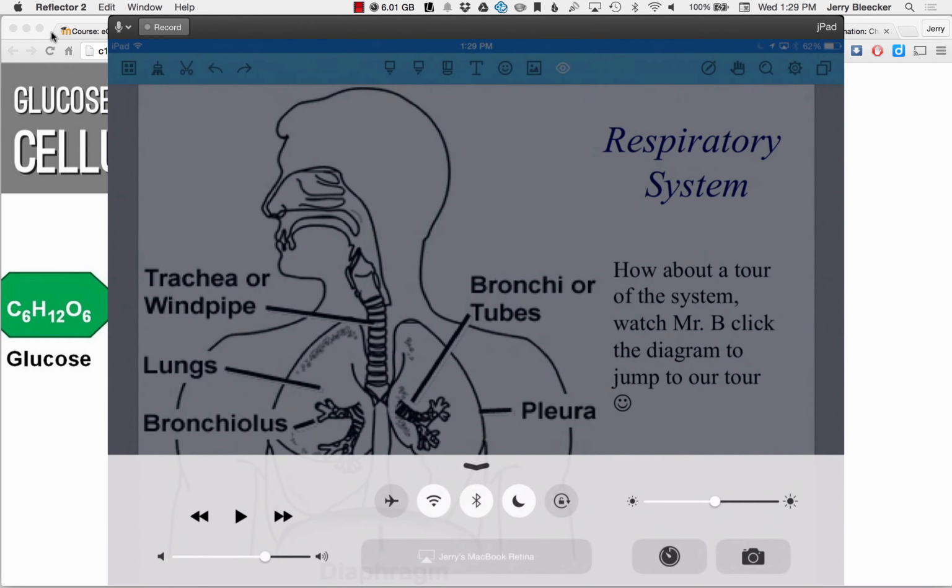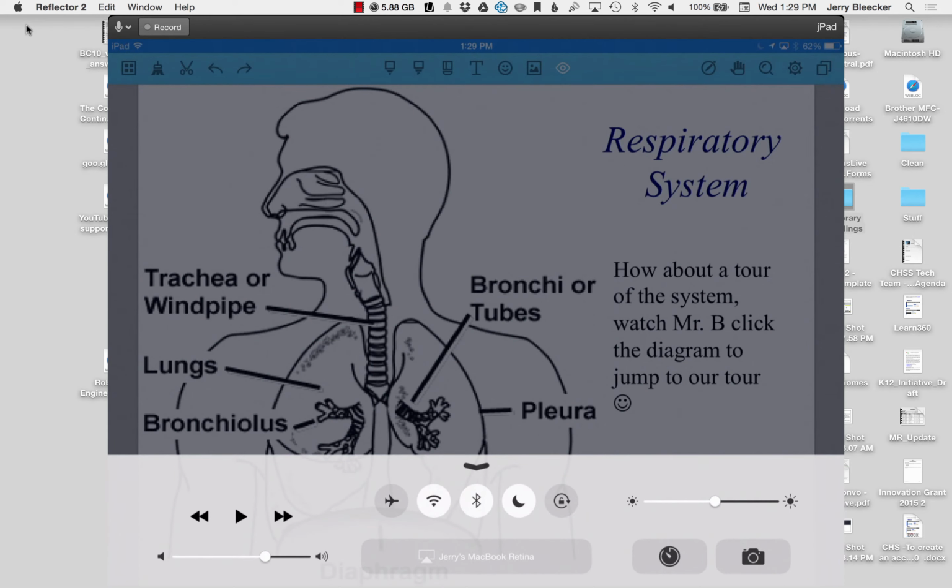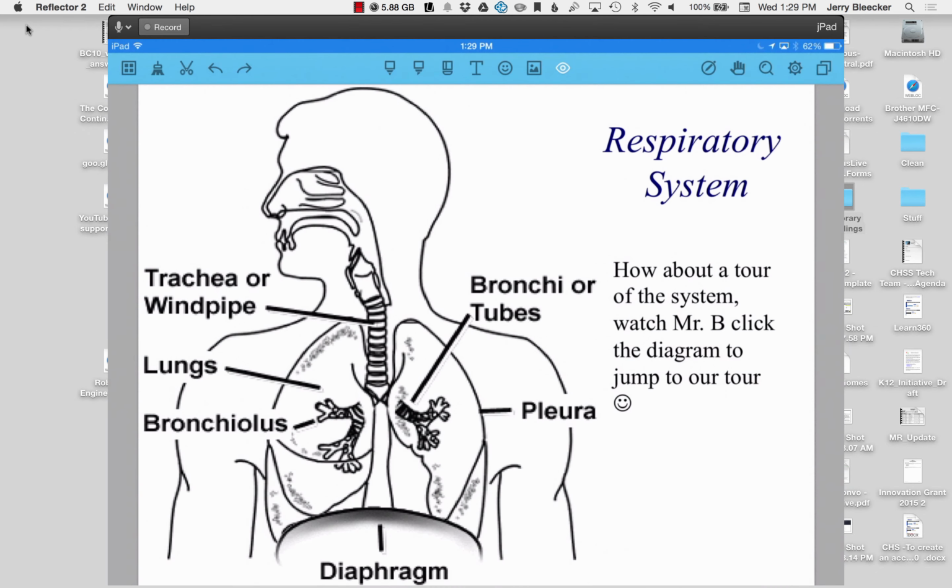Awesome. Minimize that. So now that we've kind of done a tour of the respiratory system proper, you've had a chance to take a look at these structures. There's one here. Let's turn this back on. There we go. There's one structure right here you might wonder what that is. And it says pleura. Our organs are contained in membranes.